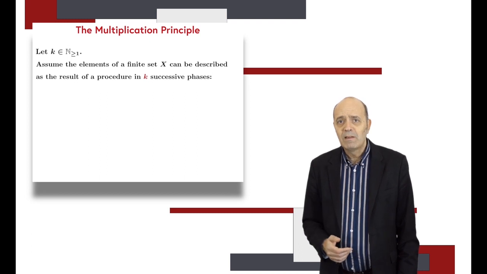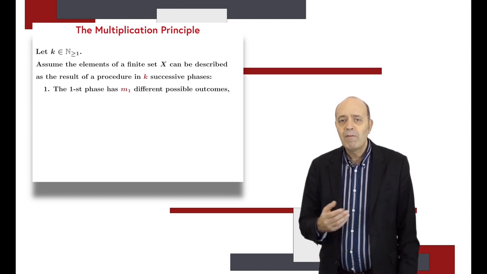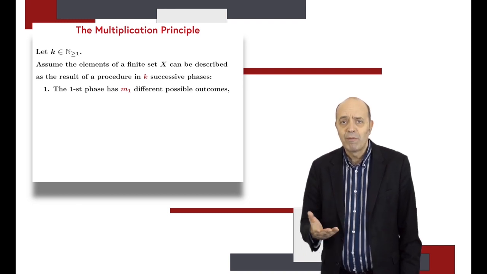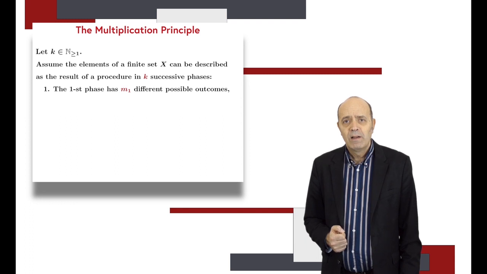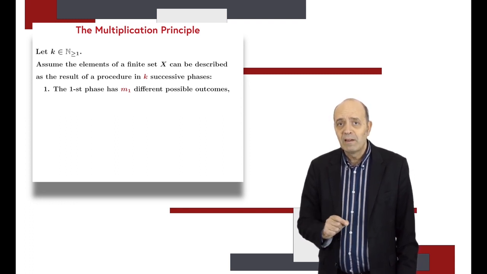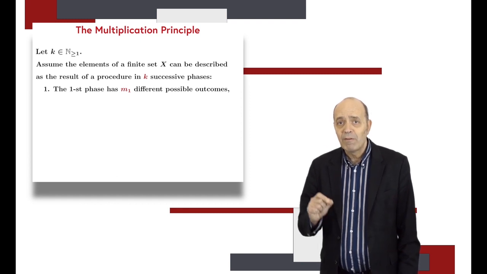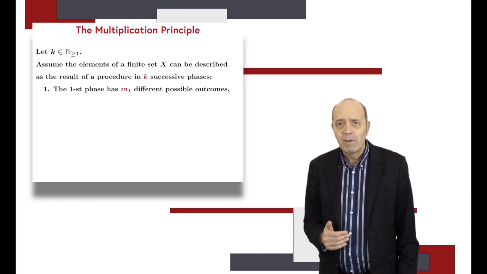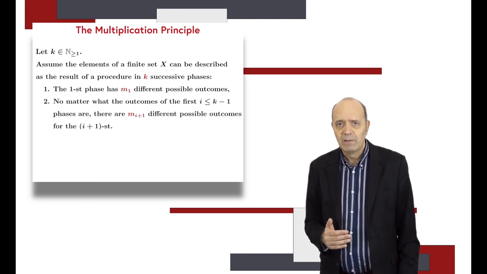We assume that at the first step we have a certain amount of partial outcomes, let us call it M1, possibilities for the first outcome. For each of these outcomes, assume that at the second step there is a fixed amount of possible outcomes, let us call it M2. And this for every step, up to the last one.